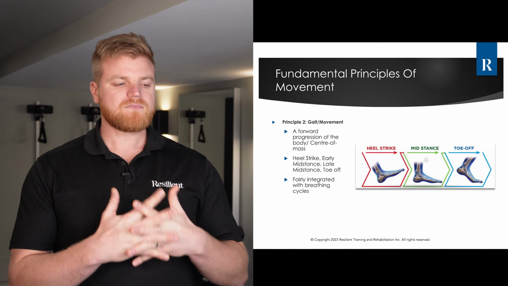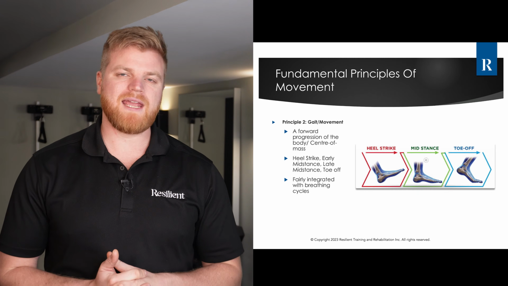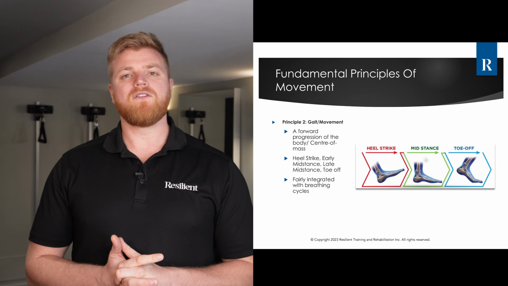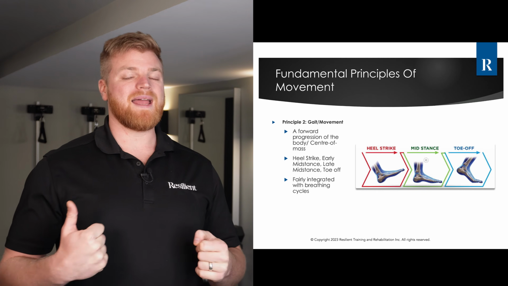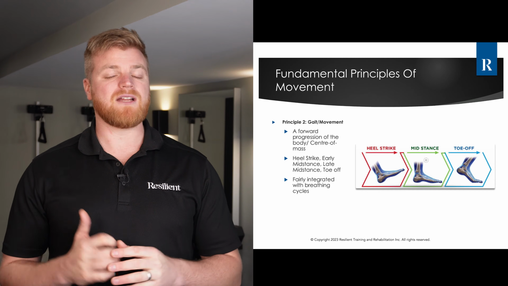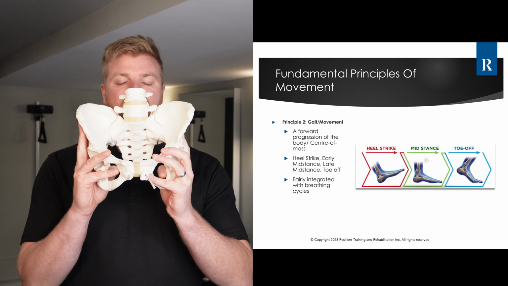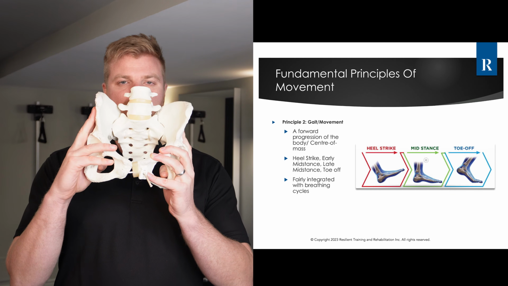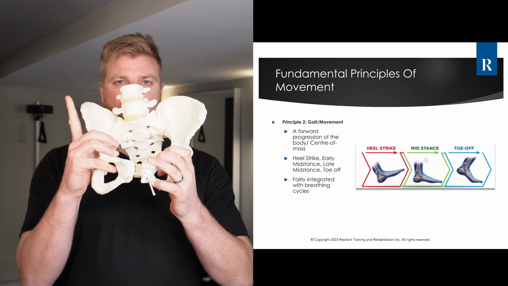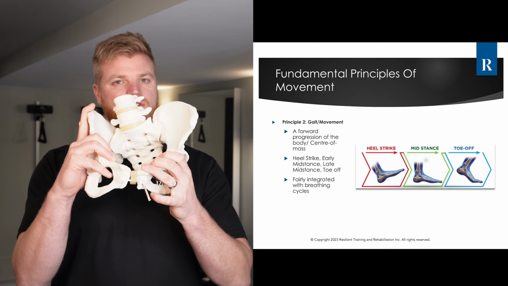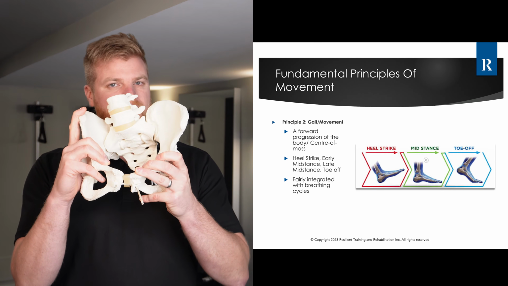And so when we get into mid stance, that is more of an internal rotation bias. So my foot is going to pronate, my tibia is going to internally rotate, my hip is going to internally rotate, and so will my innominate. And when I go through gait, if this right hip here is at heel strike, the sacrum is turning towards the right side.